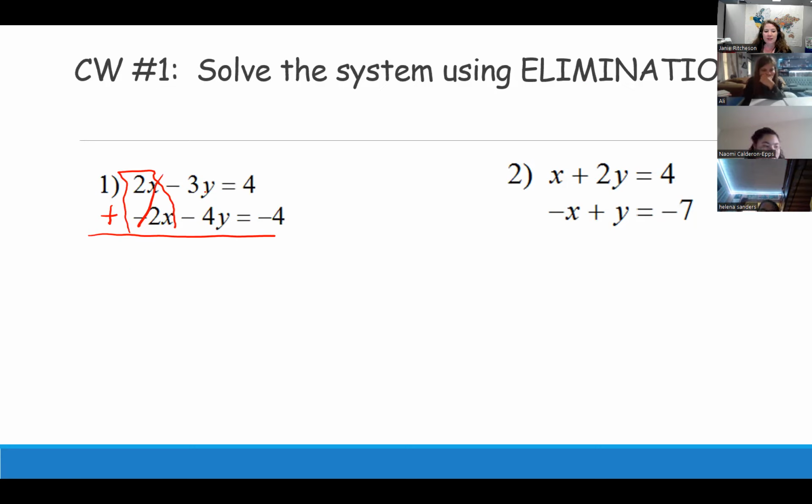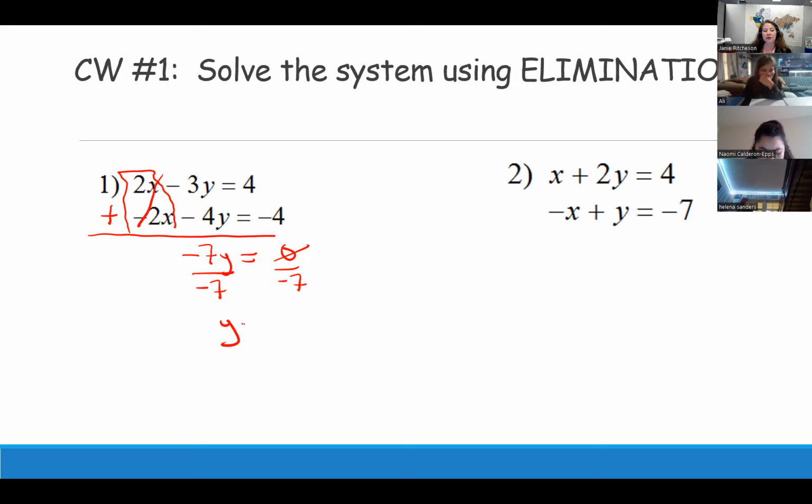And now I have negative 3y combined with negative 4y. So negative 3 combined with negative 4 is negative 7. And then I have 4 combined with negative 4, which is 0. And now I need to solve for y. What's the opposite of multiplying by negative 7? I'm going to divide both sides by negative 7.